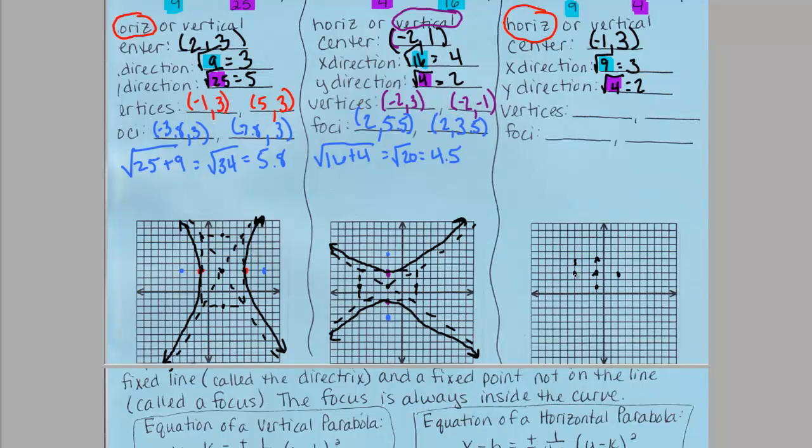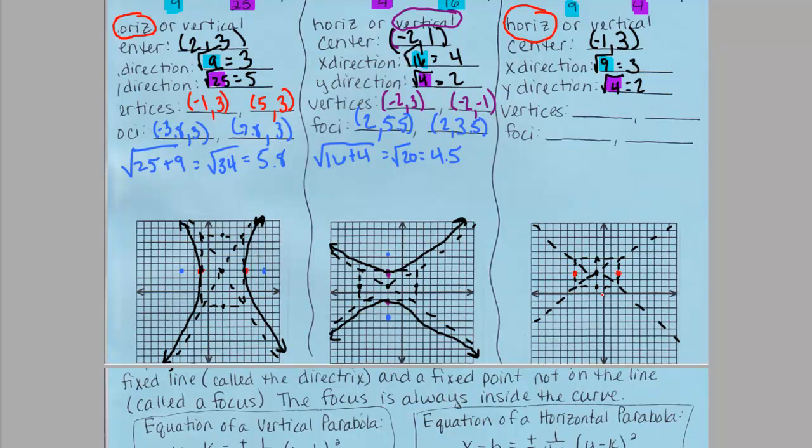We need to make our little imaginary box that helps us to plot things. Do our diagonals. And then, since this one is horizontal, these are our vertices.